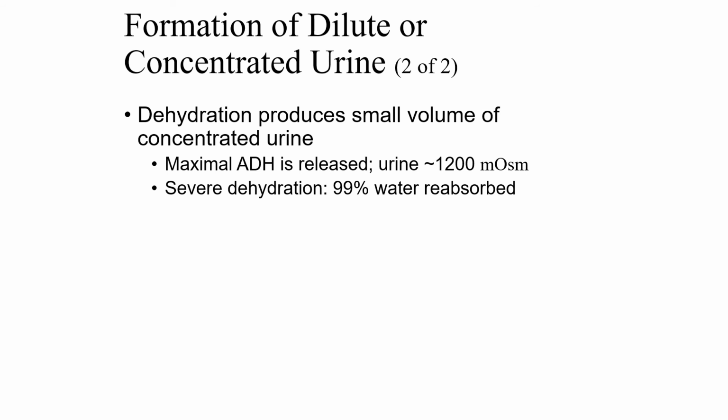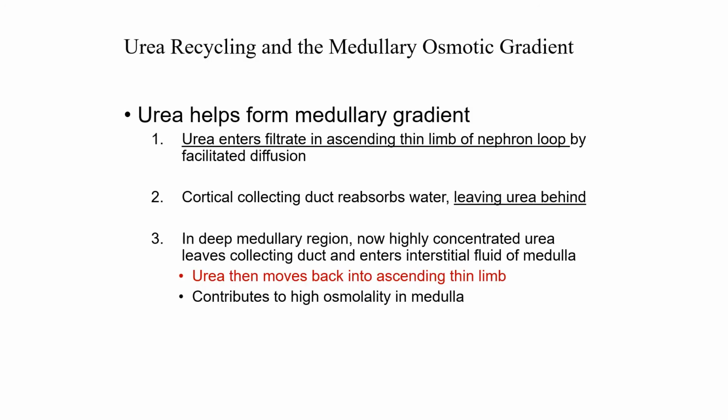Dehydration, you get a small amount of concentrated urine, and in severe dehydration, your body will do its best to reabsorb as much water as possible, and this is going to affect the glomerular filtration rate.